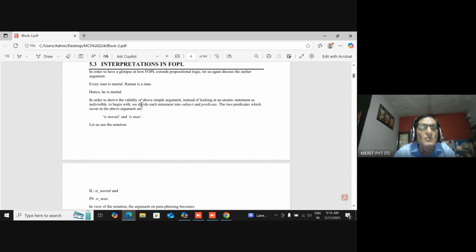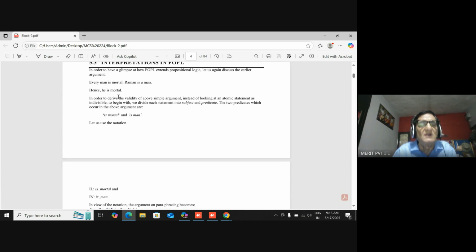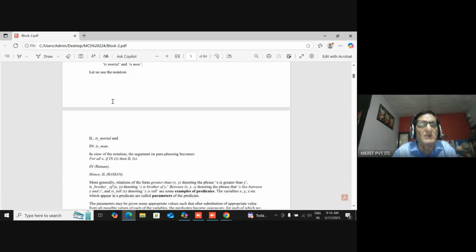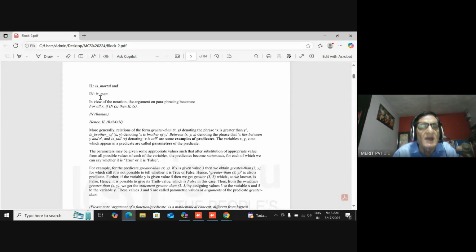In order to extend propositional logic, FOPL is used, as discussed earlier. Every man is mortal, Raman is a man, hence he is mortal. So that's what it says. Let us use the notation. So what is in the notation? M(x) is x is a man, L(x) is x is mortal.